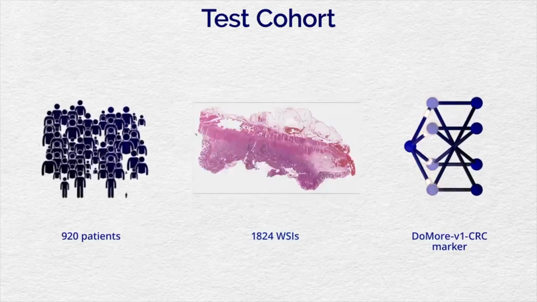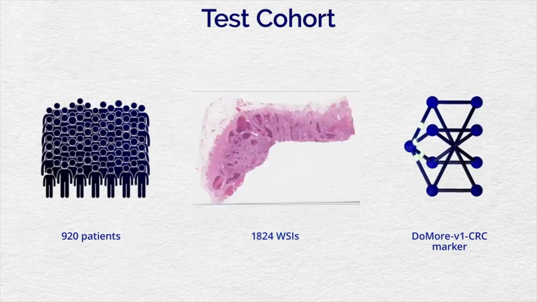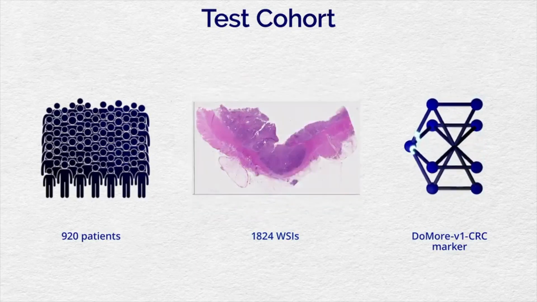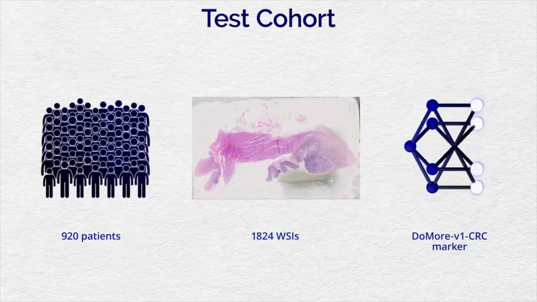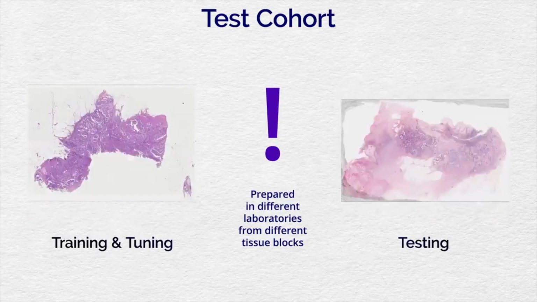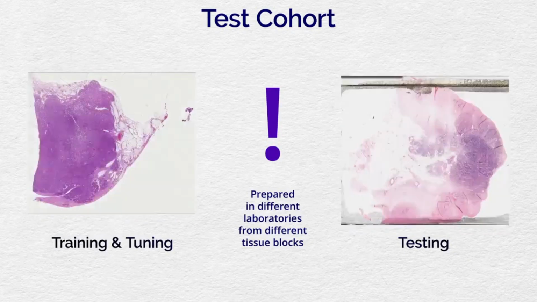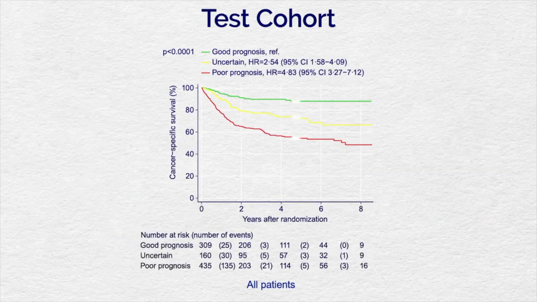To evaluate the DoMore V1 CRC marker, we first analyzed a test cohort consisting of 920 patients from the Gloucester Colorectal Cancer Study, UK. Their slides were prepared in a different laboratory and from different tumor tissue blocks than those used in the training and tuning cohorts. The marker separated the patients into 3 risk groups with clearly different cancer-specific survival.